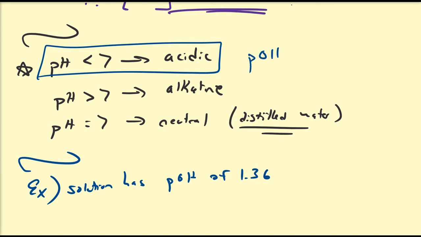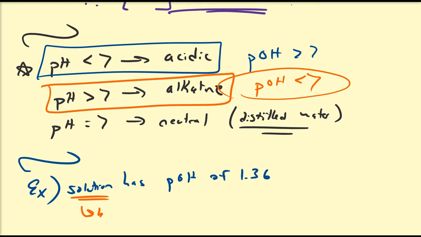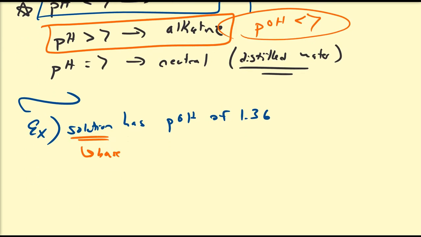So that means pOH is greater than 7. If the pH is greater than 7, that means the pOH is less than 7, right? So since that is the case that we're working with here, that means that the solution is a base, right?